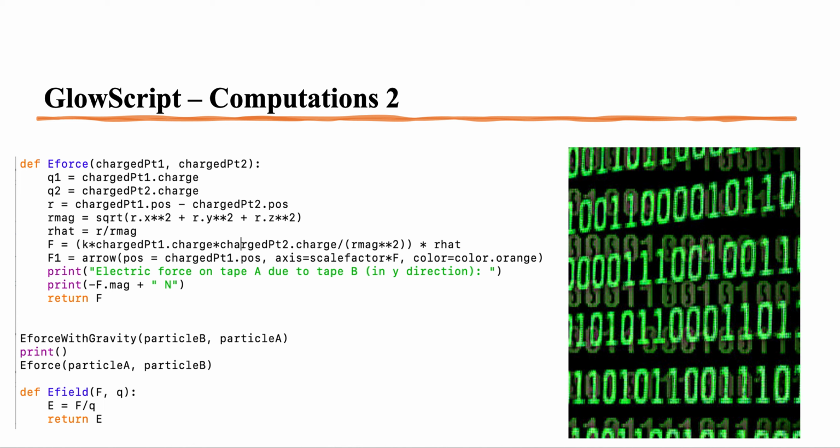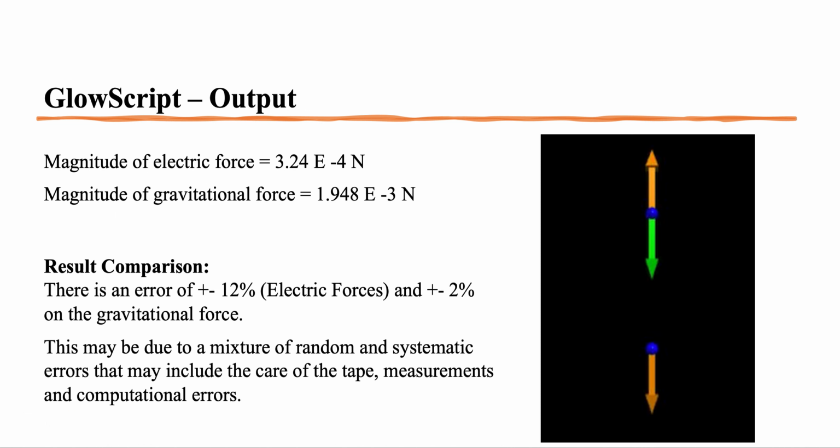Moreover, on the second page of computations, we have the electric force on the tapes. This is the main point of our experiment, and we would like to see the results to compare them with the ones I did manually.